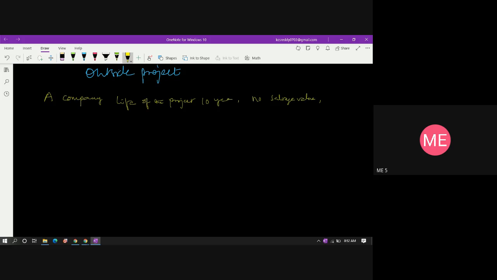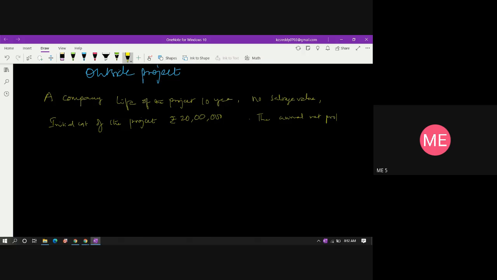The initial cost of the project is rupees 20 lakhs.